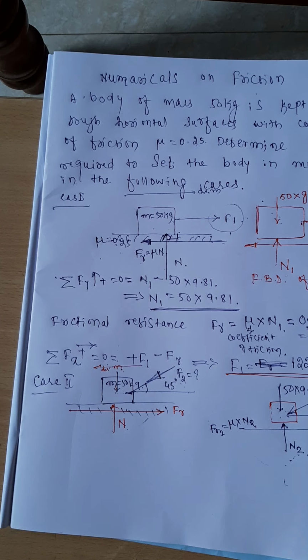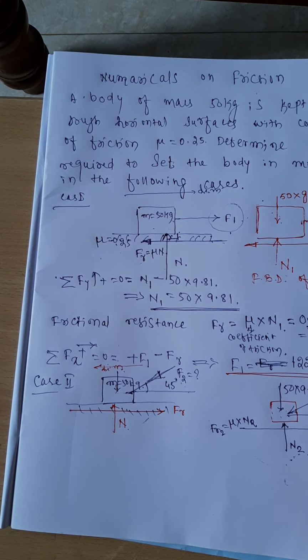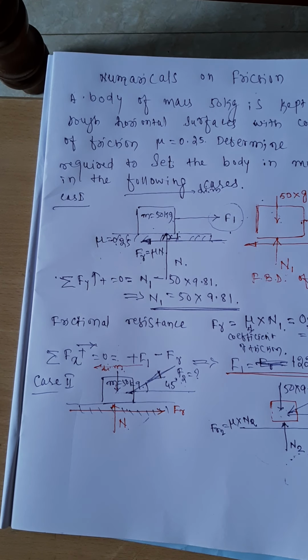In this case, FR2, N2 and weight are acting in the horizontal and the vertical direction. But this F2 is not acting in the horizontal or the vertical direction. That is why I need to cut this F2 into two parts, one in horizontal direction, other in the vertical direction.